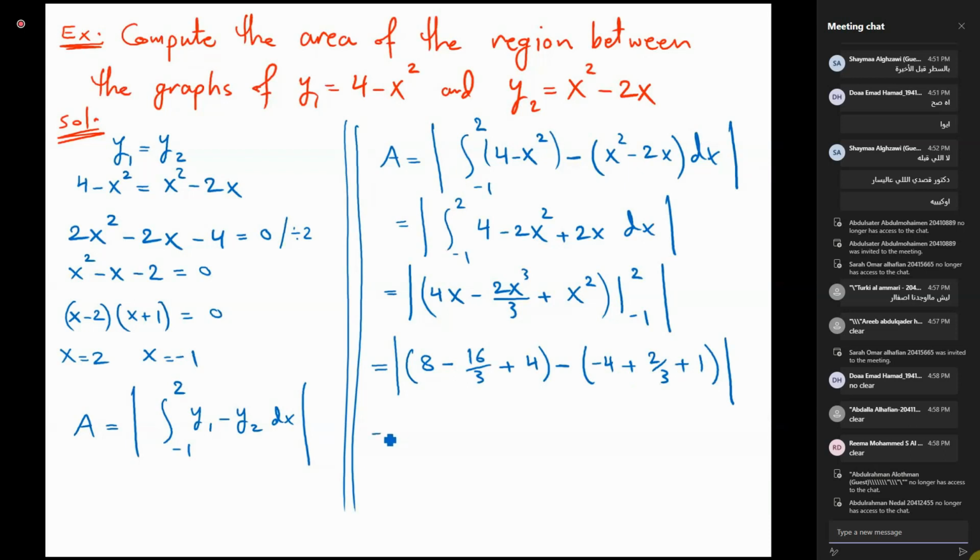This equals minus 16 over 3 plus 4 plus 8, 12, minus 2 over 3 and minus 3, minus 4 plus 1 minus 3, with negative, plus 3.